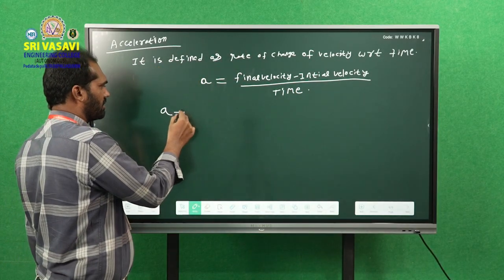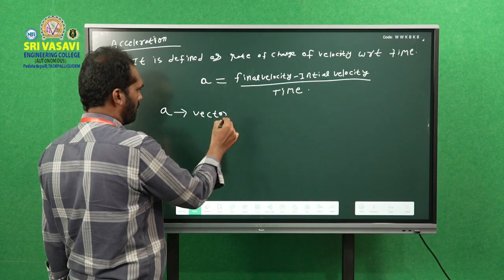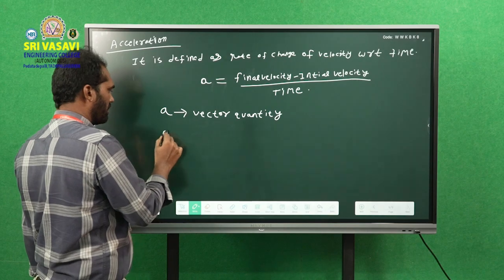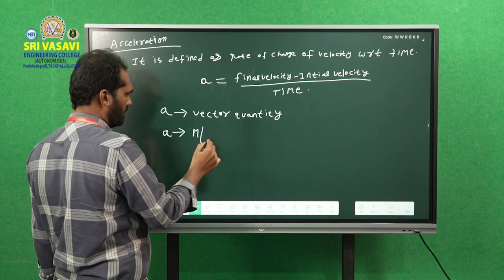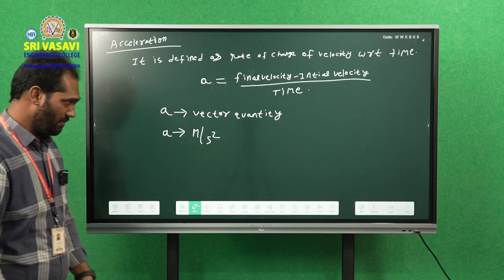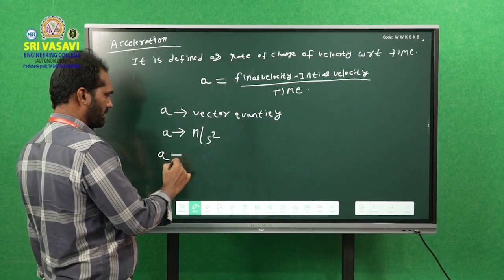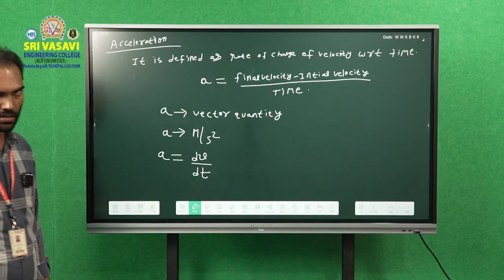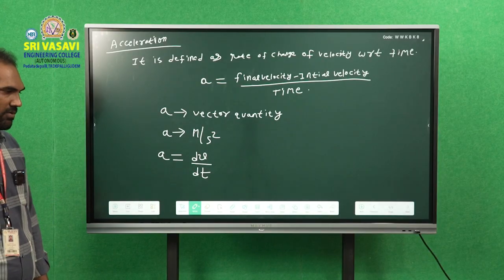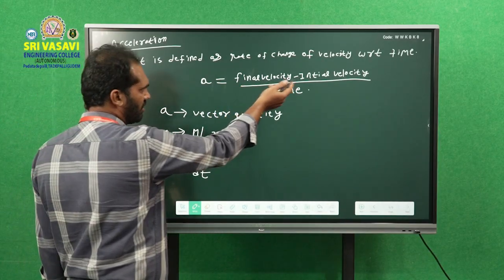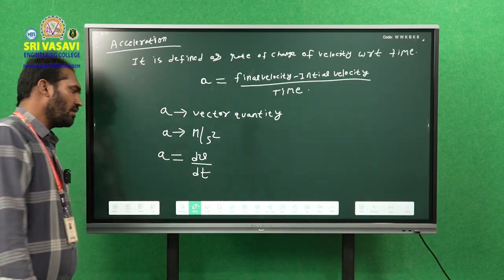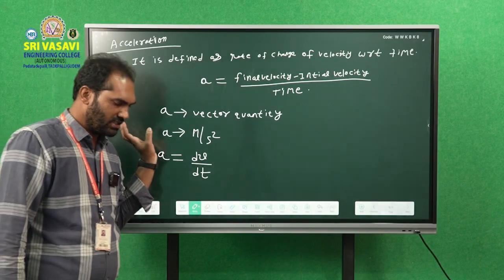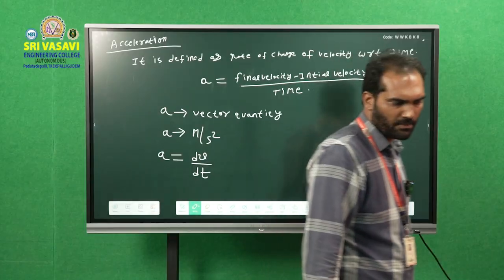It is also a vector quantity. The units for acceleration are meter per second square. Acceleration can be represented as dv by dt, that is final velocity minus initial velocity with respect to time. So that is all about distance, displacement, velocity, and acceleration.